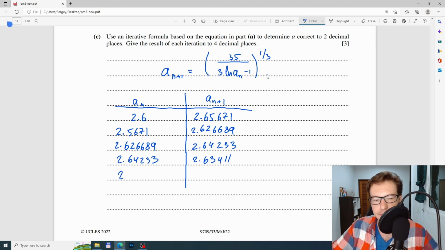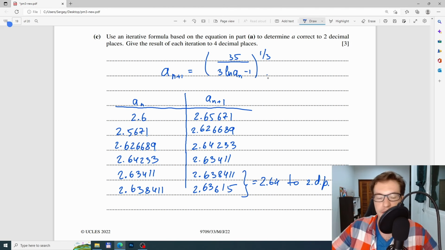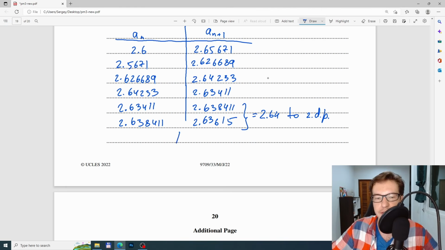Still not there. Okay, so now finally, we got the same answer correct to 2 decimal places, which equals 2.64 correct to 2 decimal places. And then I will state this as the final answer for this question.